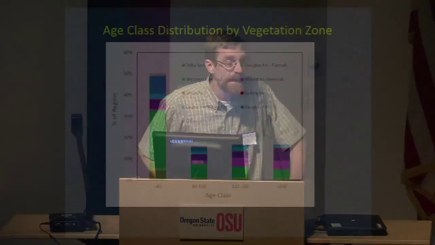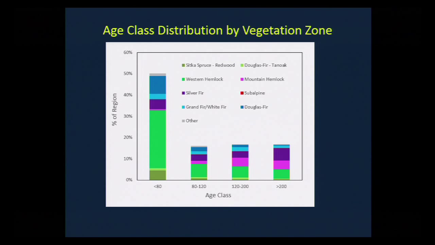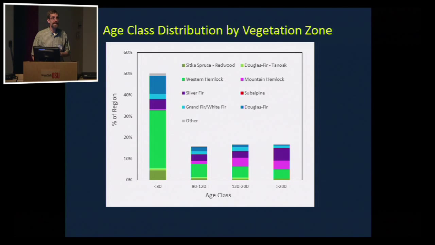Just to take a brief look, this is data from the FIA annual, which includes all ownerships. It was collected between 2000 and 2010, so it's probably the best recent snapshot of what's actually out there. You can see that about half of the forests across all ownerships are over 80 years old.